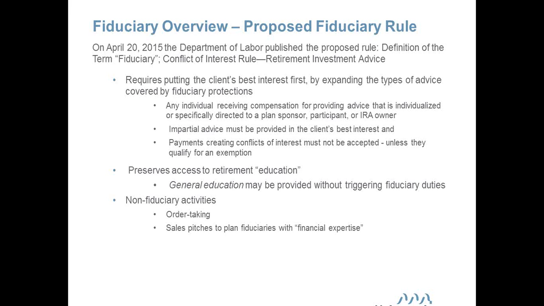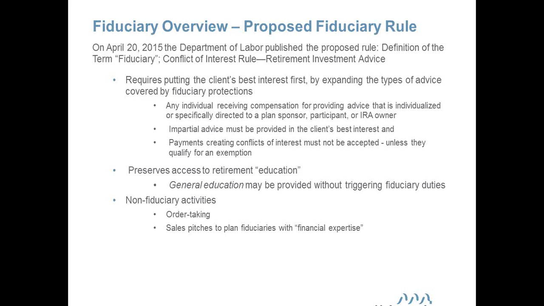One of the main differences is that currently broker-dealers under FINRA regulations are just required that the advice be suitable, which is different than in the best interest. Suitable advice means this investment option would work for you. It may not be the best investment option, but it is a suitable one, and I'm going to get paid making that recommendation.